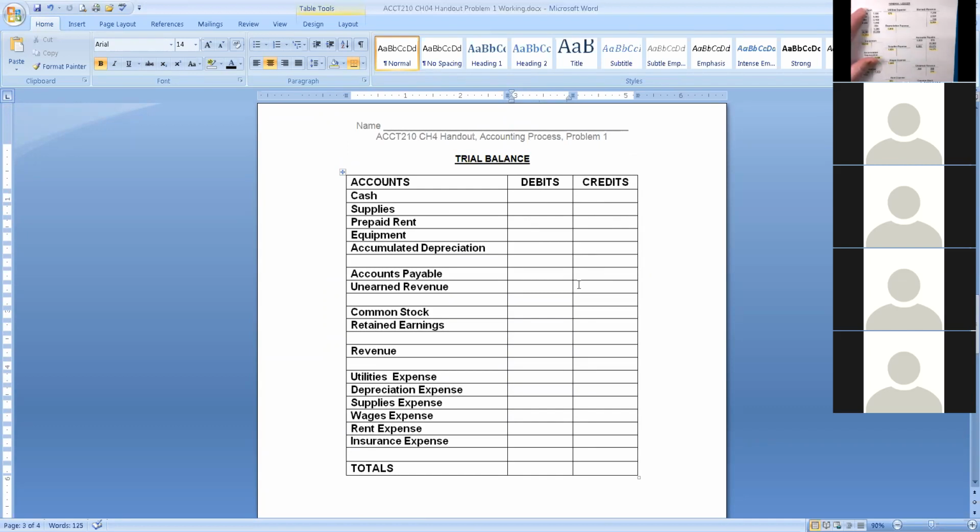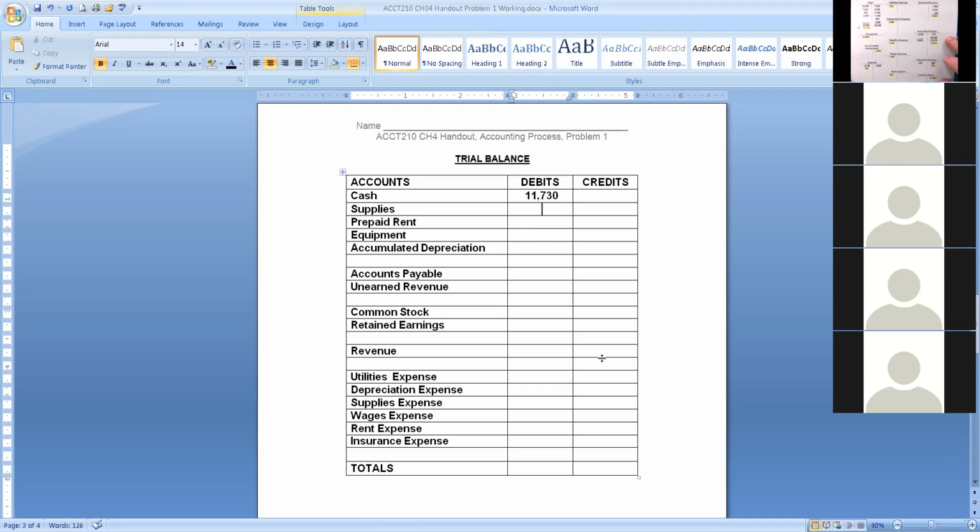Okay, so the cash account has a debit of 11,730. I'm going to put a check mark once it's done.